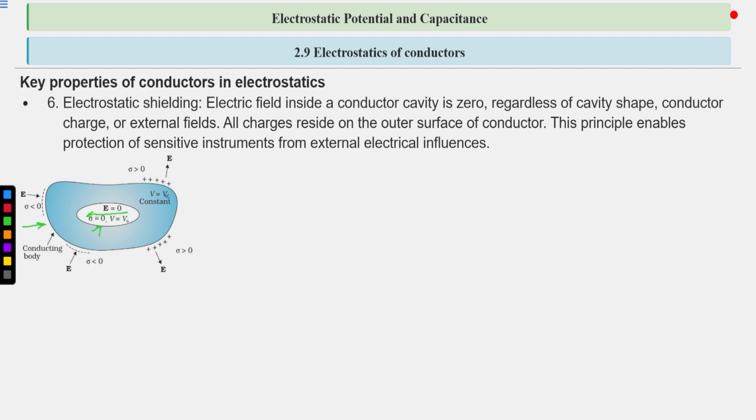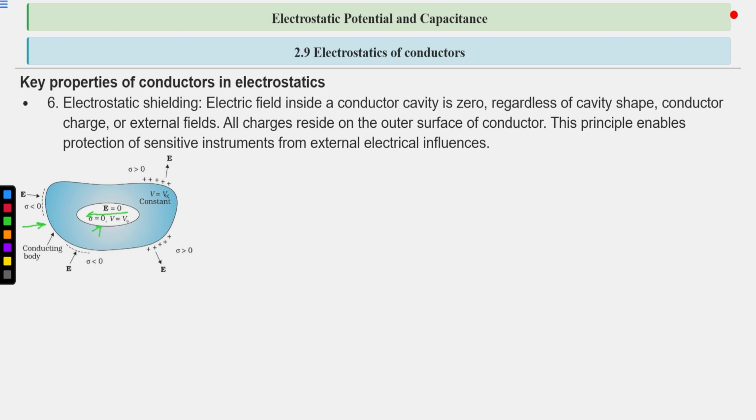So these charges can produce the same amount of electric field as that of the external electric field. So the electric field induced due to the charge distribution on the surface of this conductor will cancel out the effect of the external electric field, and the electric field inside the cavity will become zero.